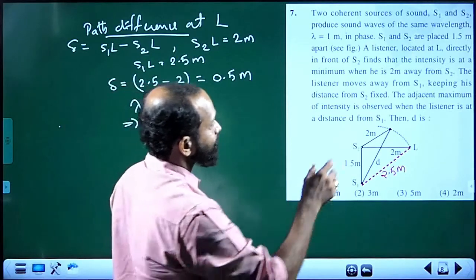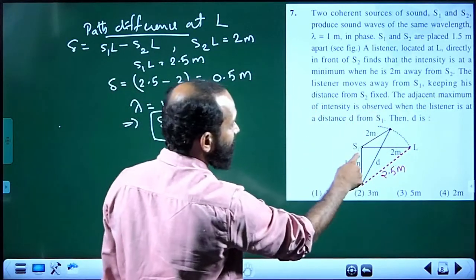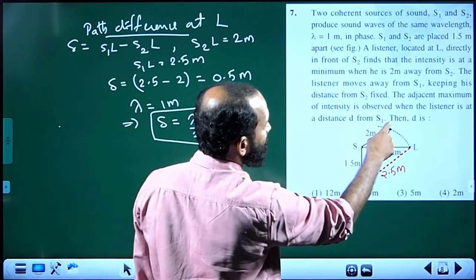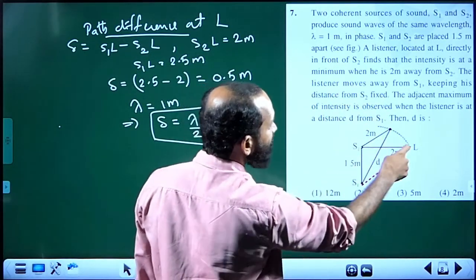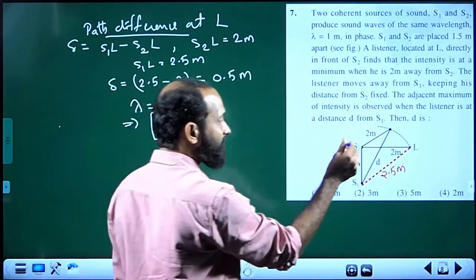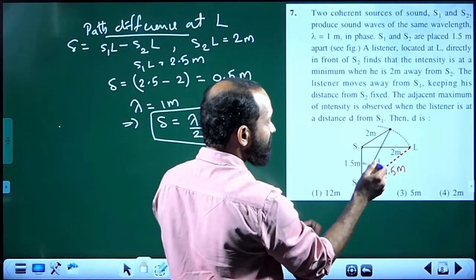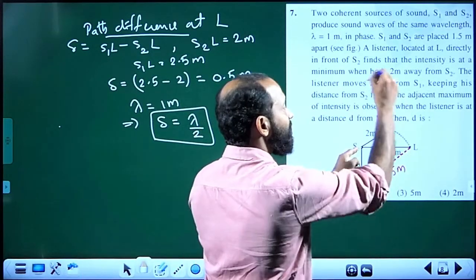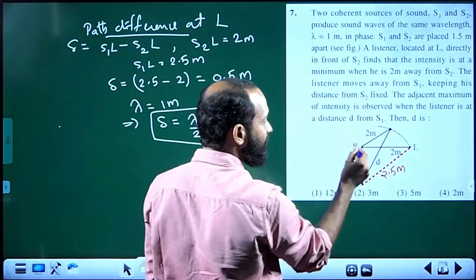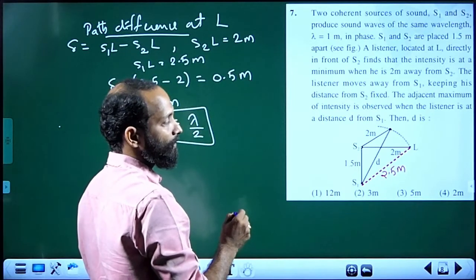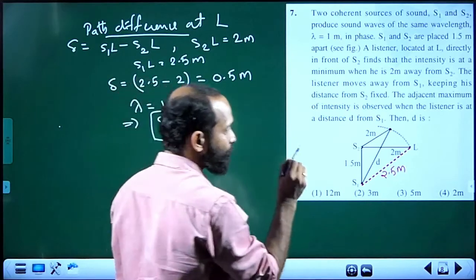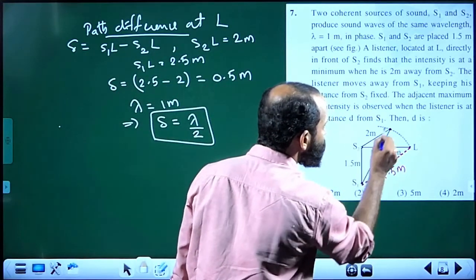Okay. Now, keeping the distance S2 fixed, the listener moves away from S1. How to move? Keeping the distance from S2 to the listener fixed, the listener must move in a circle centered at S2, because that distance of 2 meter is to be fixed.